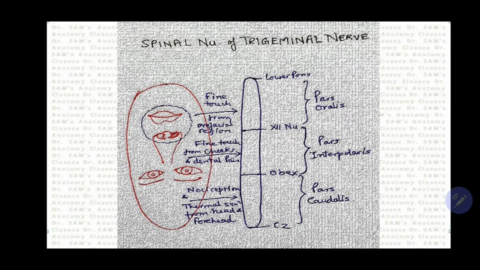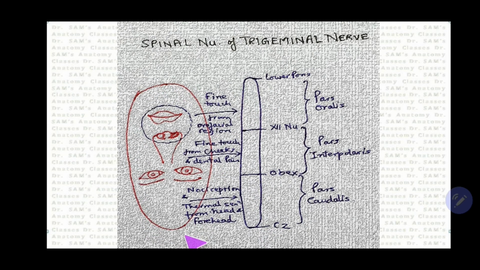Look at this. I have made this specially for you to make you understand the spinal nucleus of trigeminal nerve in detail. As I told you, researchers and scholars have studied a lot about it. They have found that it has a somatotopic representation.